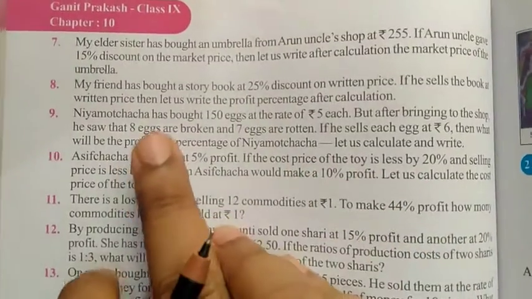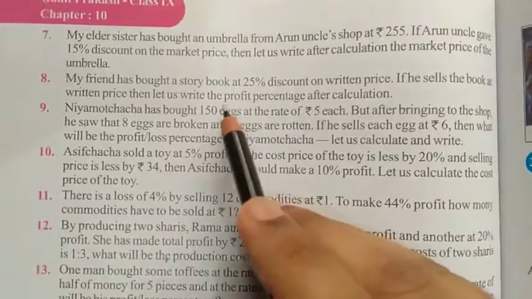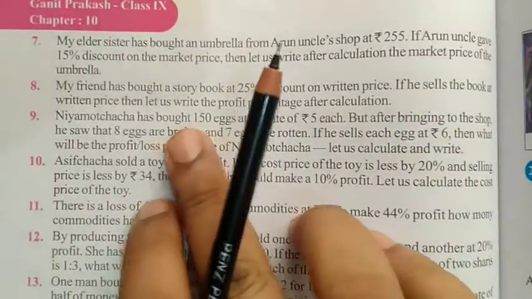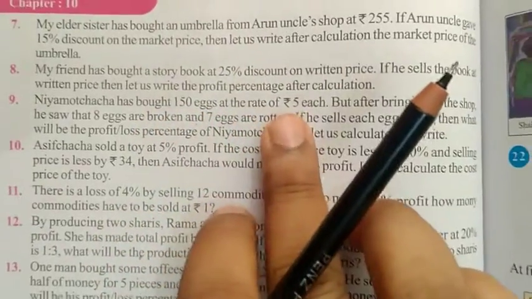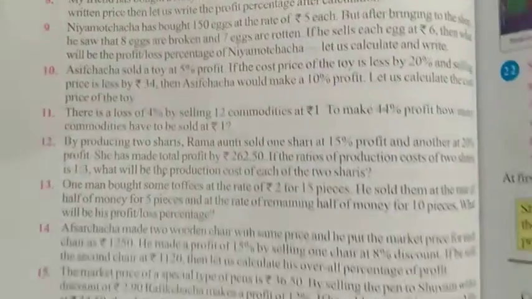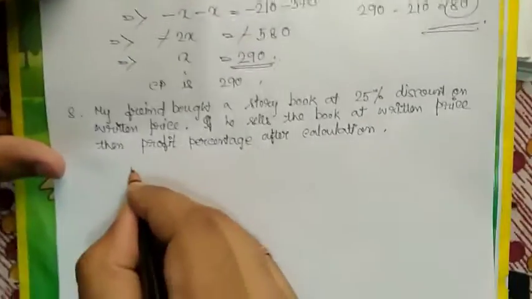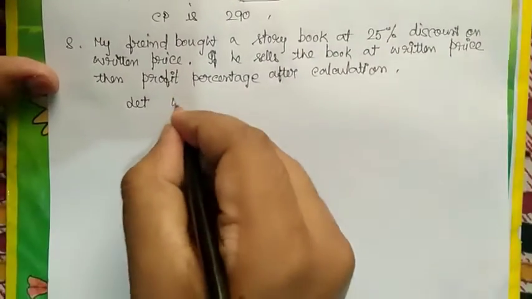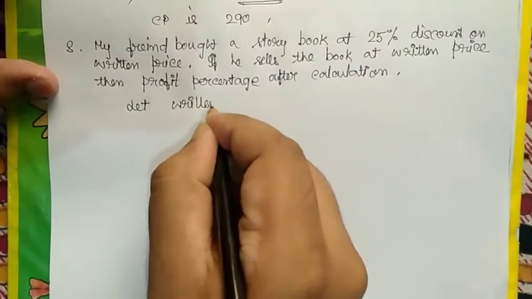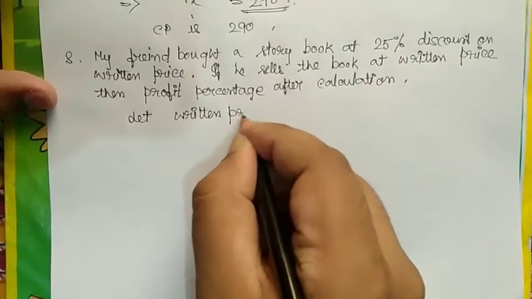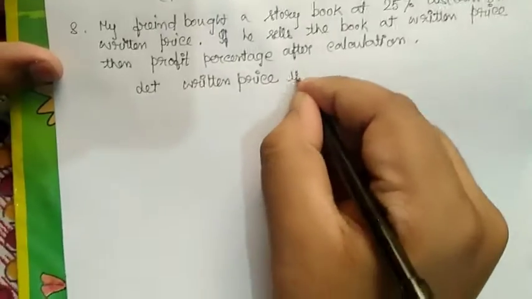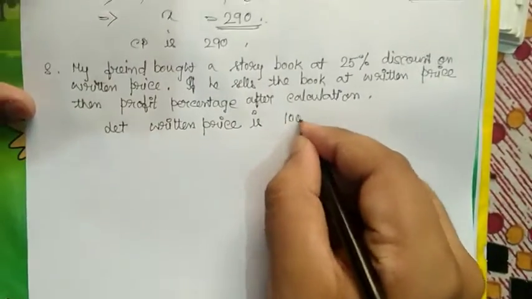This is sum number 8. My friend has bought a storybook at 25% discount on written price. If he sells the book at written price, then let us calculate and write the profit percentage. So now, let the written price be 100.